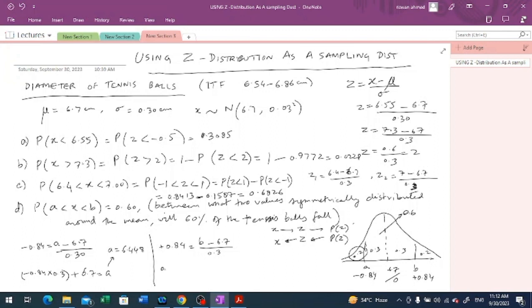Again, this 0.84 is to be multiplied with this 0.3. Then we add 6.7 to the answer, and this would give us the B value of 6.952.